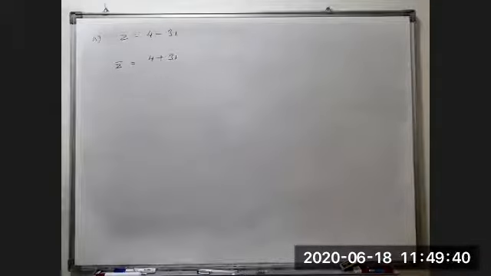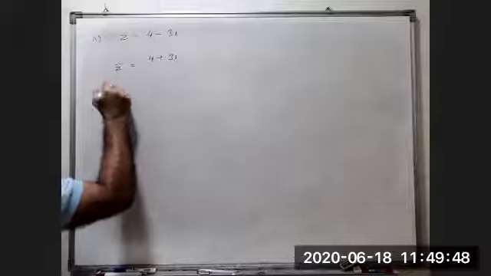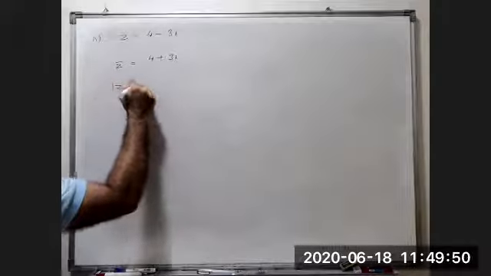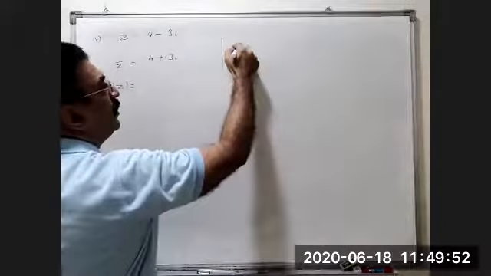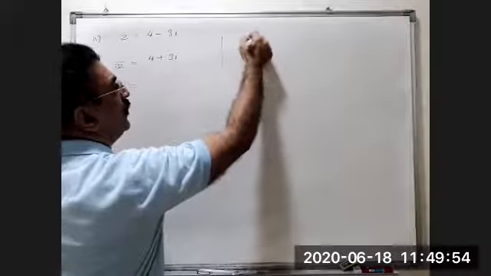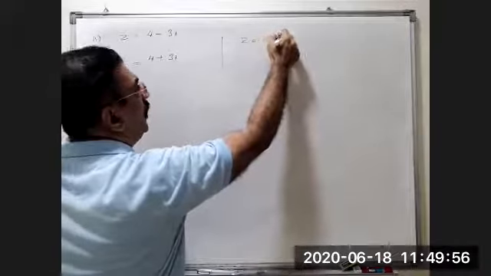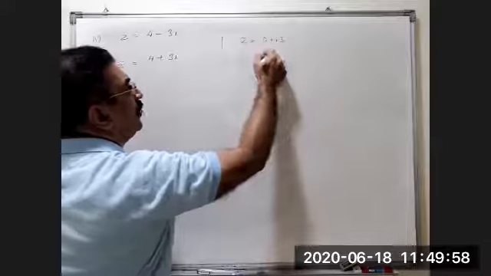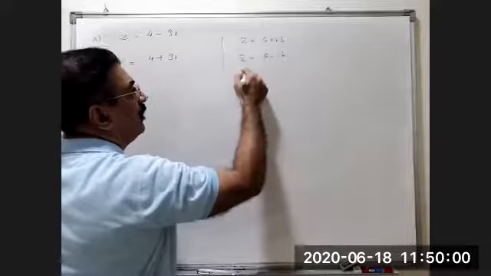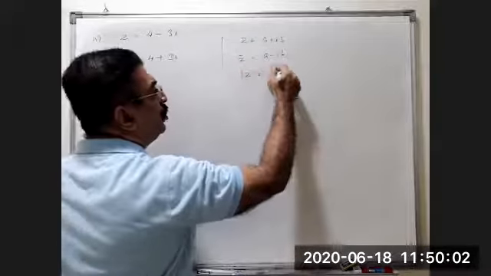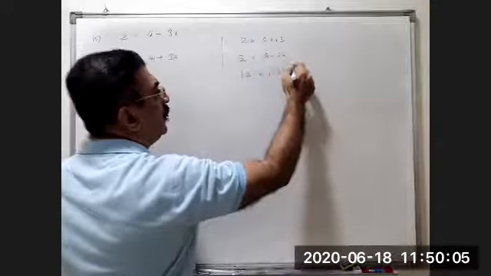Now we have to find the modulus. So modulus of z is, again remember it, if z is equal to a plus ib, z bar is a minus ib, modulus of z is root of a square plus b square.